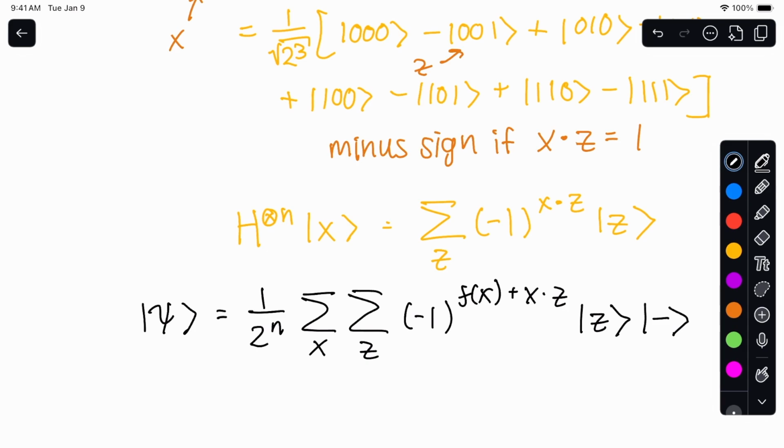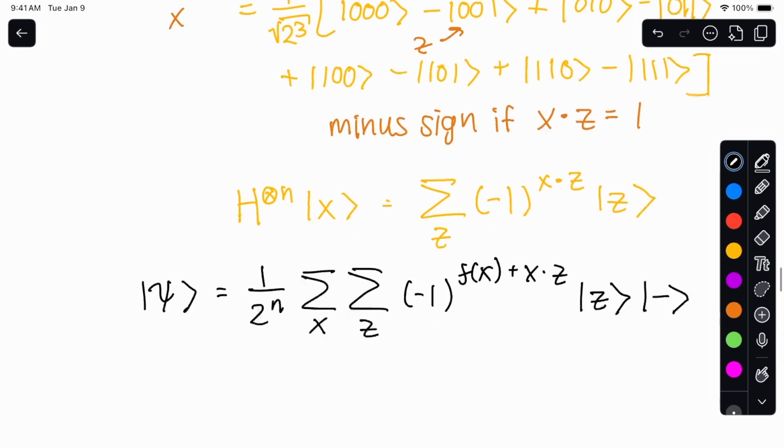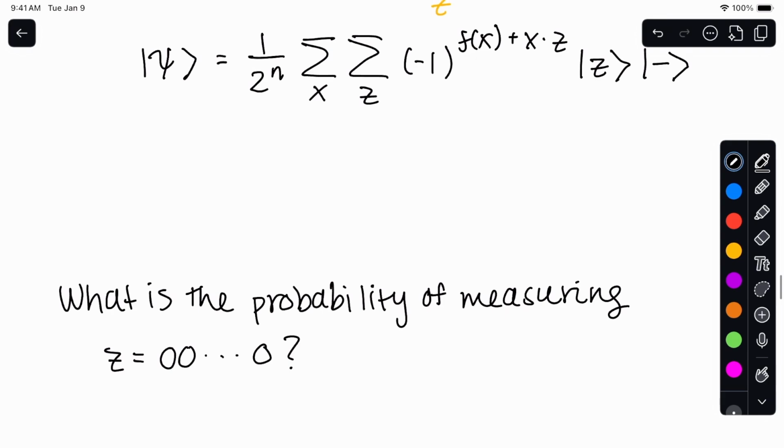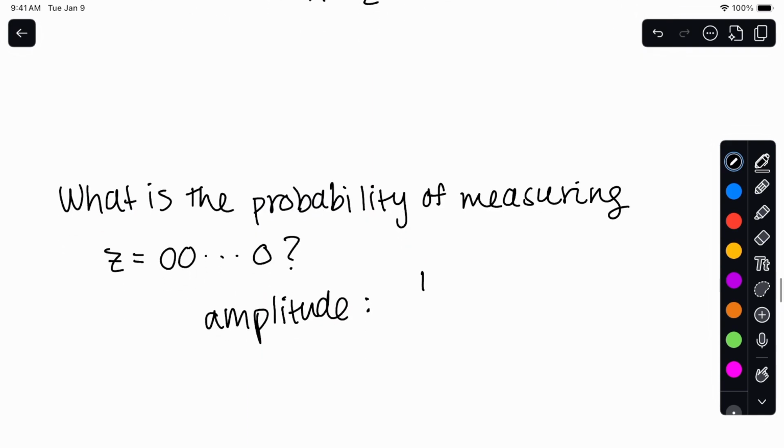This may not look particularly useful, but we only have to think about the amplitude of a particular state. So what is the probability of measuring the all zero state, which is when z is just the string 0, 0, 0, etc. So the amplitude of this state is going to be proportional to this.